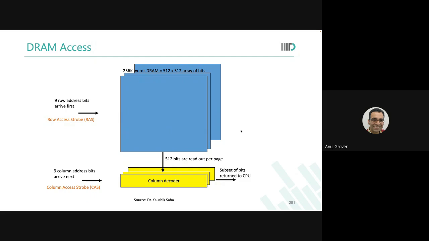What Arpit just said was that I need all the words in a given row. Since I've read all the words, and I know there is locality of reference from the cache discussion we just had, I need to carry many words out. Now all the words are available to me near the output.